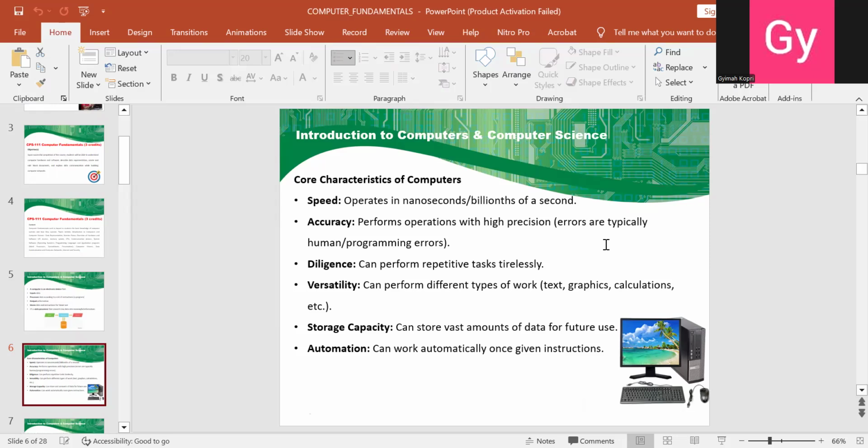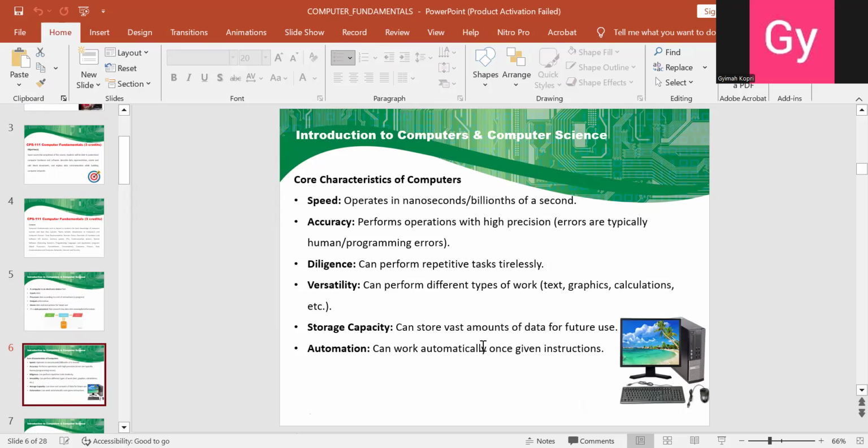Now, what about diligence? If I give you papers to draw the VC, you can draw him all right. But if I tell you to draw him again, there will be a lot of differences.